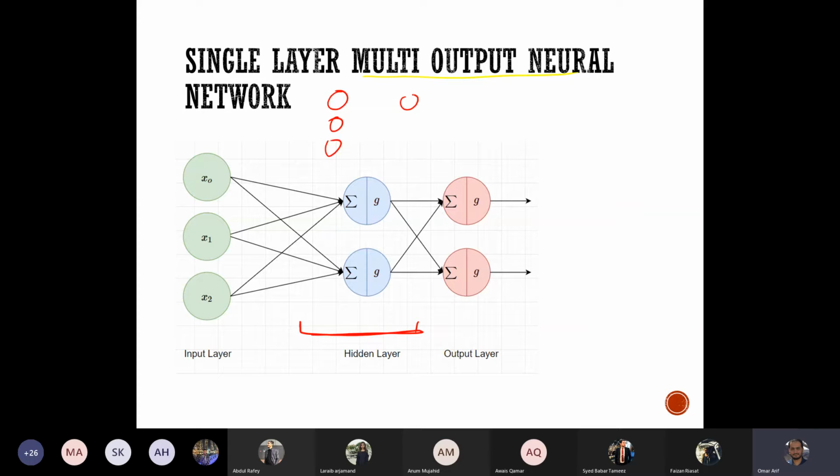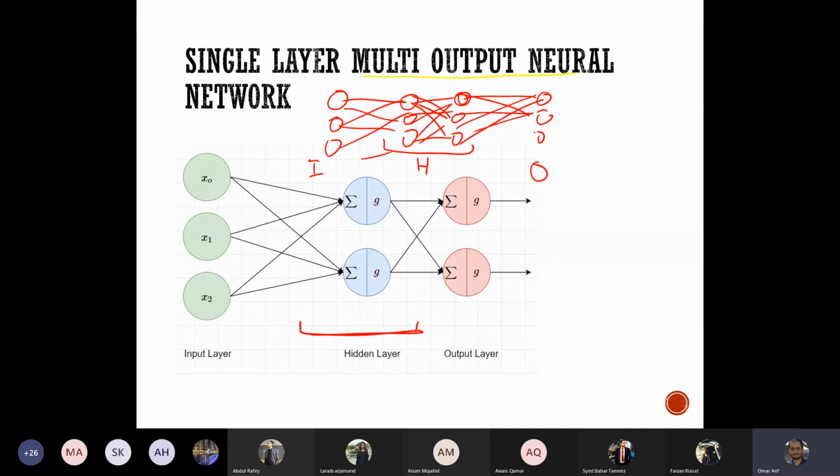So this is connected here. One of them is connected. The figure got a bit messed up, but you get the idea.